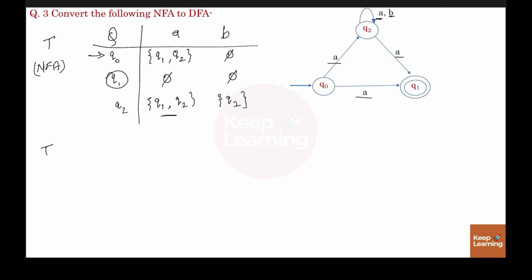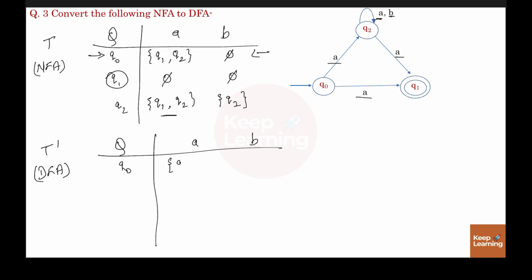Now let's construct T dash for DFA. So our first row will remain the same, that is Q0, Q1, Q2 and the null transition. Q0 is our initial state. So here Q1, Q2 is the new state that is not present here.